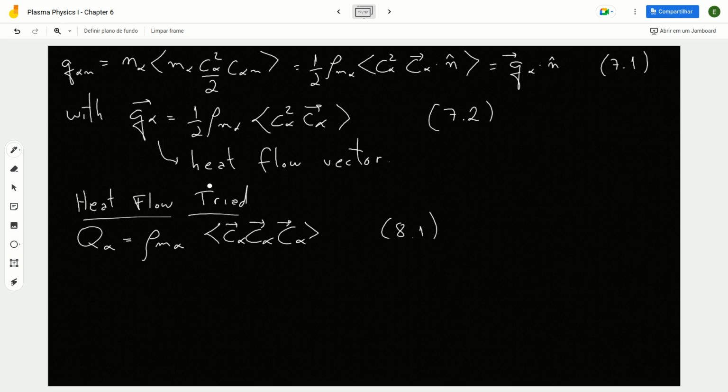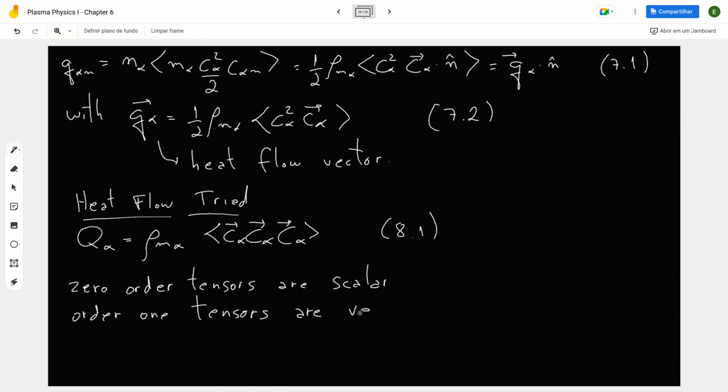Now, what is a triad or a third order tensor? Well, zero order tensors are scalars, right? So if you have a scalar quantity, you have a zero order tensor. Order one tensors are vectors.